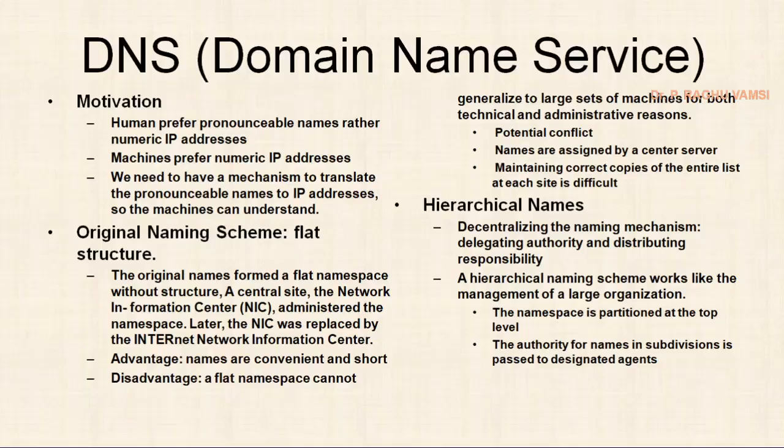So the ultimate aim of this domain name service is to provide the names for the IP addresses. The motivation is humans prefer pronounceable names rather than the numeric IP addresses.